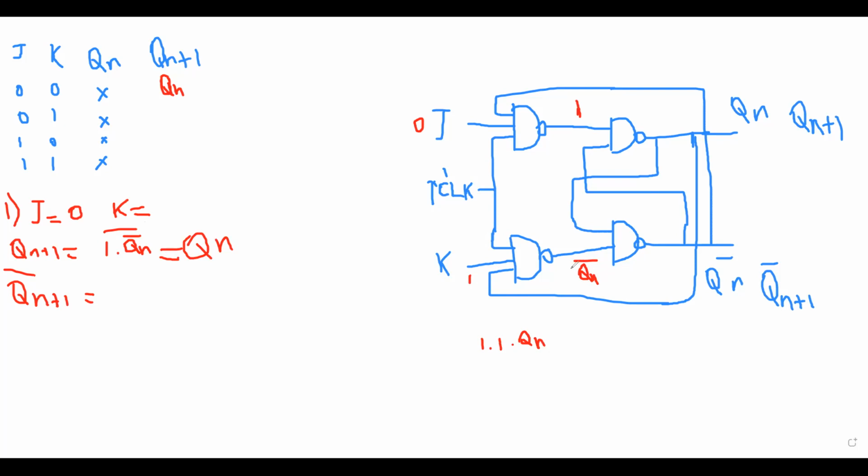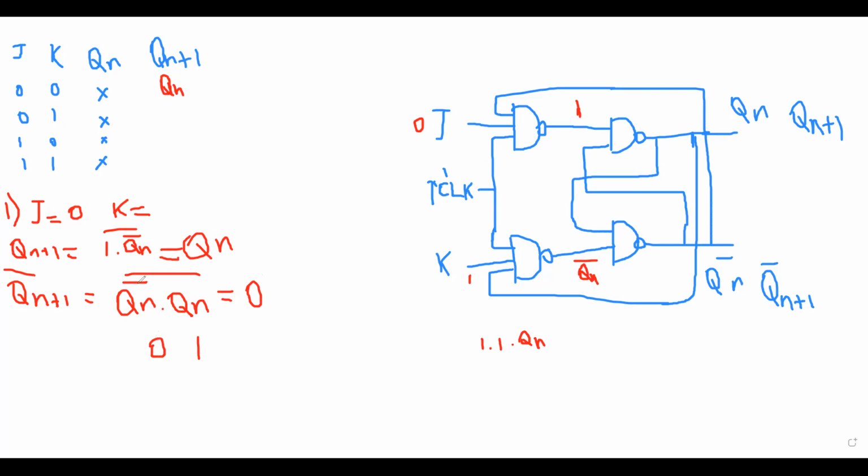So now Qn bar into Qn whole bar, and it's equal to 0, because when we consider Qn as 1 it is equal to 0.